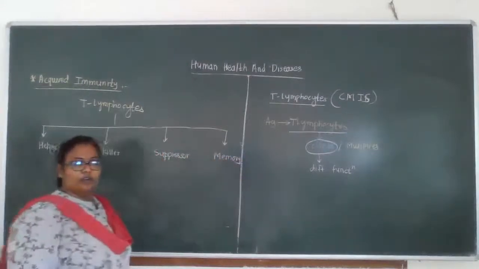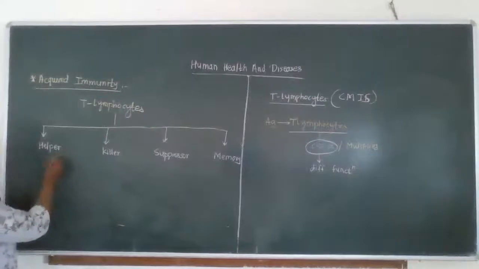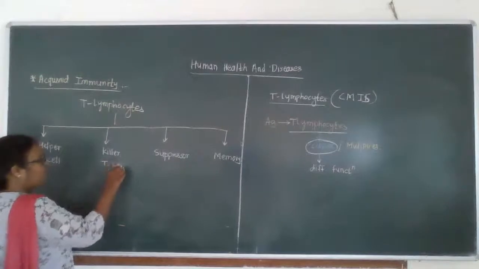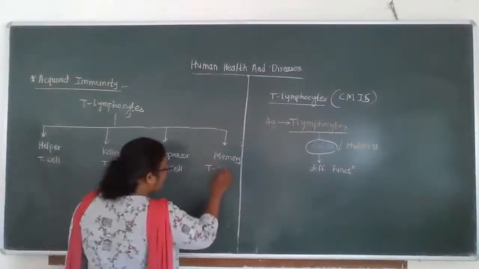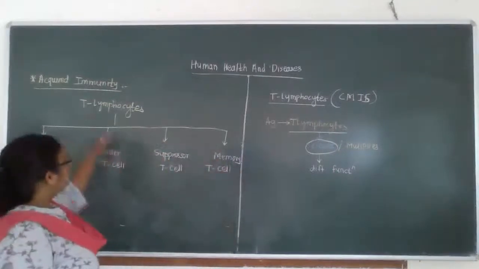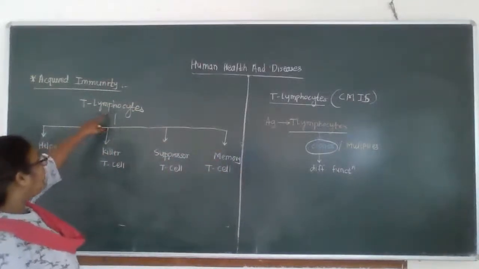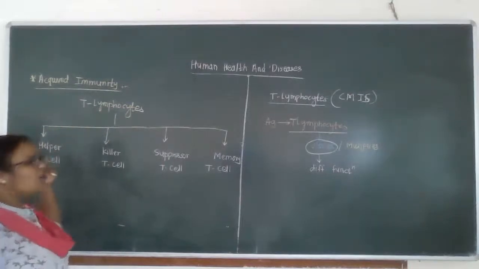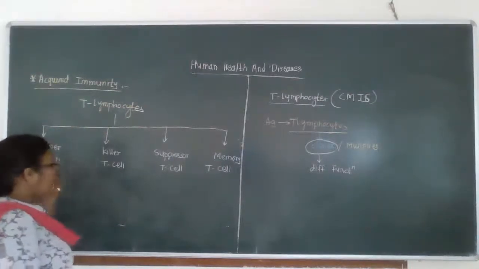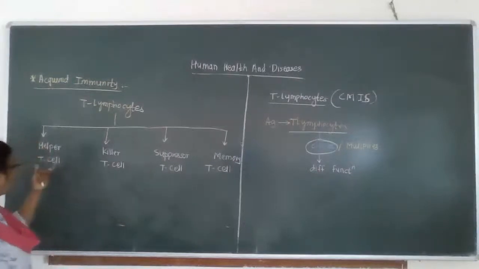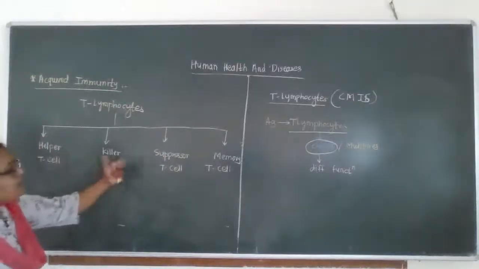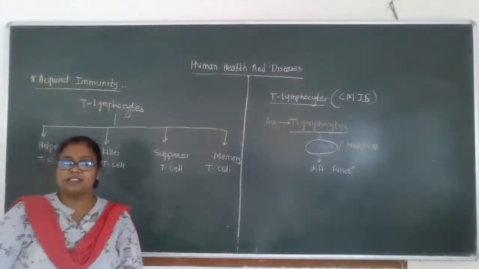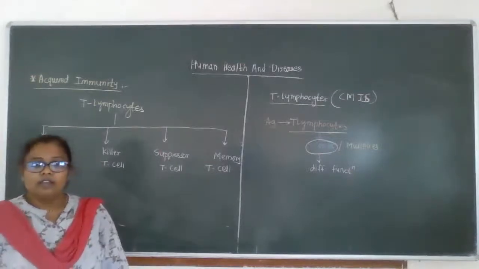These are the 4: helper T cell, killer T cell, suppressor T cell, and memory T cell. Clear, everyone? So on sensitization, the lymphocytes multiply and perform different functions, and according to their function, they are divided into 4: helper, killer, suppressor, memory. Remember, these are the 4 different types of T cells.